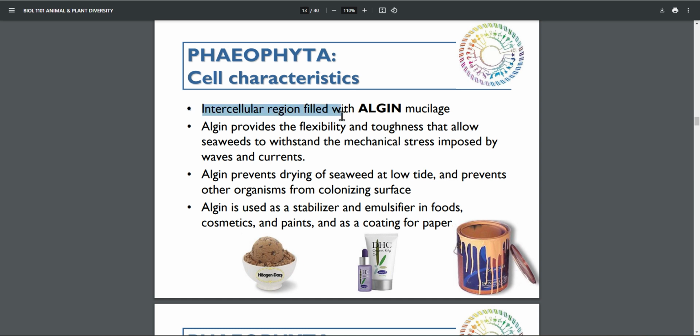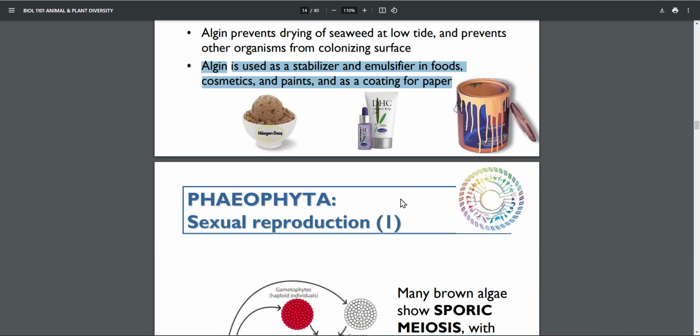And the intercellular regions have algal mucilage, and this makes the seaweed flexible and gives it toughness to withstand the waves. It also prevents drying of the seaweed and helps inhibit other organisms from living on the surface. And algae is used in a lot of human products: food, paint, cosmetics.